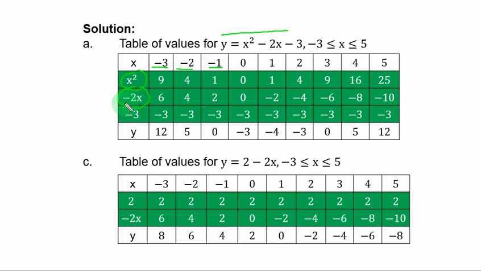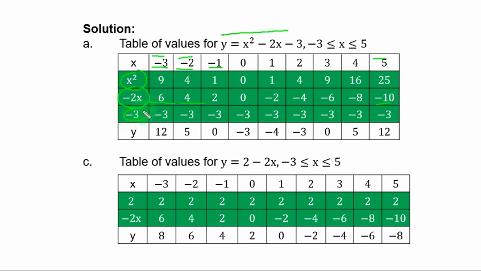To get minus 2s, use minus 2 to multiply each value of s. So minus 2 times minus 3, you have 6. Minus 2 times minus 2, you have 4. Minus 2 times 10, you have minus 10.